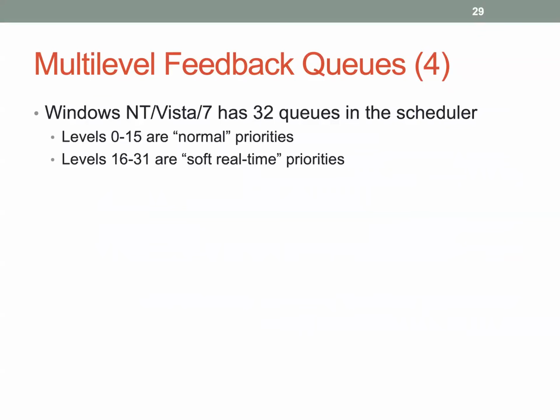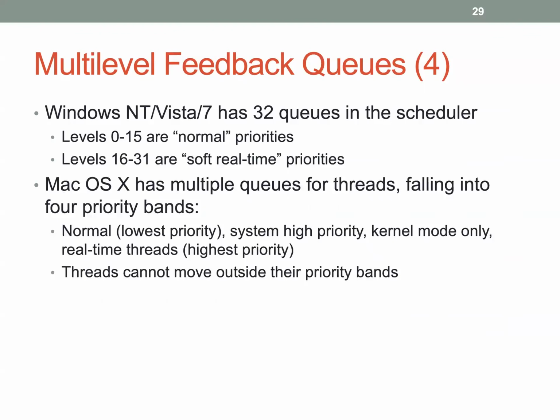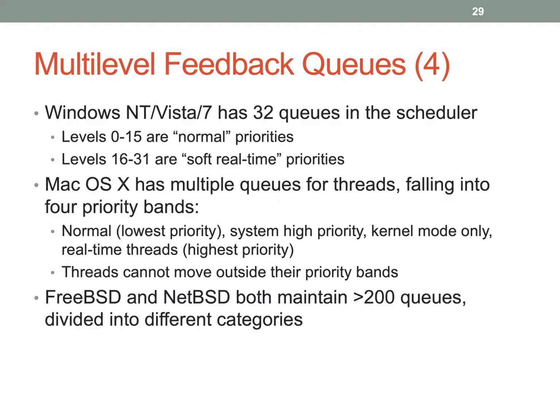Let me see, so I have this on here. Windows, since Windows NT, basically would have 32 queues in the scheduler, and you can see that the higher the number, the higher the priority. Mac OS would have priority bands, okay? And I should probably update this. So this began with Mac OS X, but now we say Mac OS, now that we have Big Sur. And so the bands basically were scheduled with separate algorithms, and threads and processes couldn't move outside of their bands.